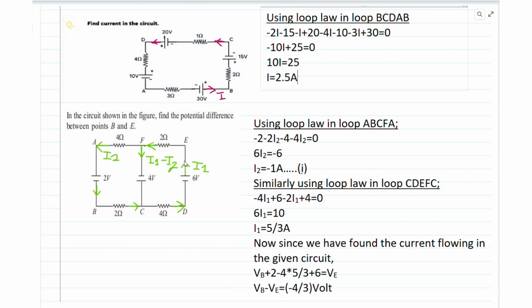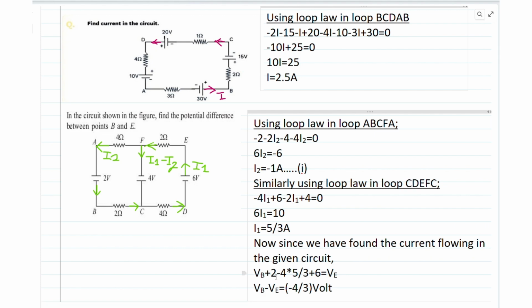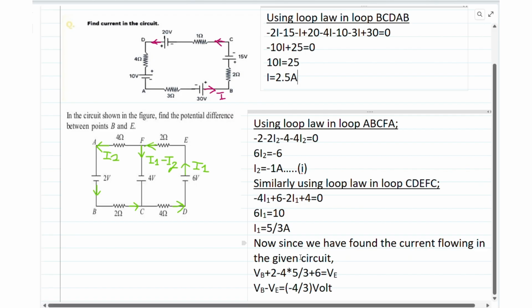So we can move in any direction we choose, that is, from B, A, F, E or B, C, D, F, E. So now let's move in the direction B, C, D, E. So potential at B plus 2. The plus 2 right here is because we are moving from B to C, but the current in that branch is actually from C to B, because of the negative sign we obtained in minus 1 ampere, right?